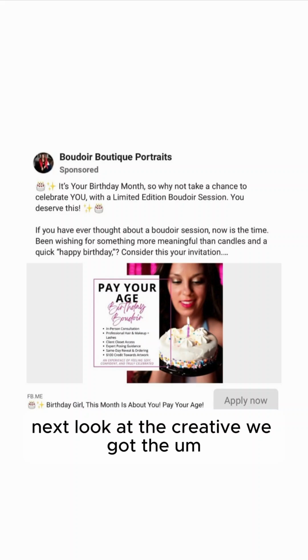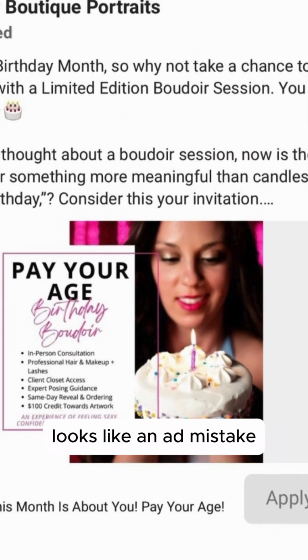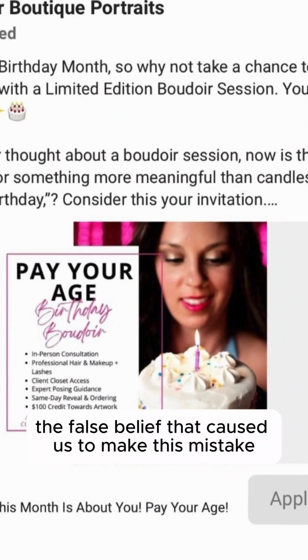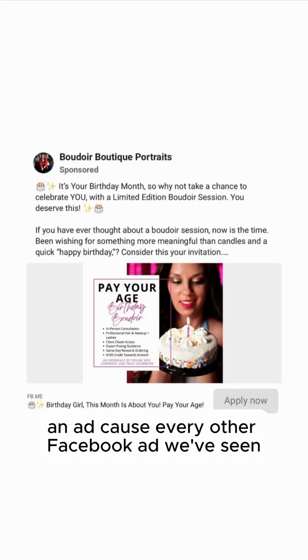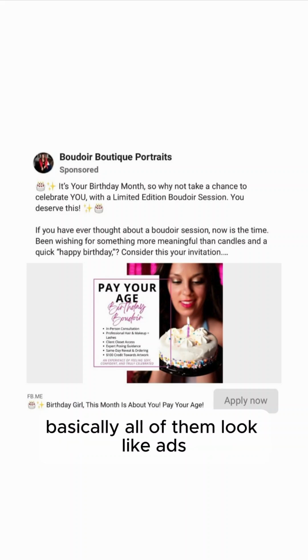Next, look at the creative. We've got the looks-like-an-ad mistake. The false belief that caused us to make this mistake is that we're making it look like an ad, because every other Facebook ad we've seen, basically all of them, look like ads.